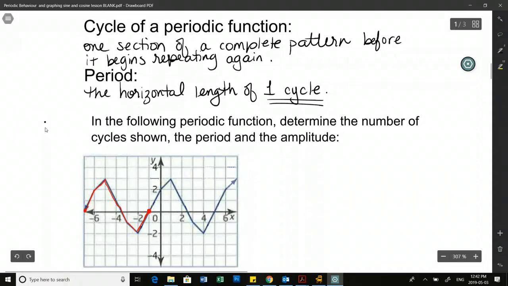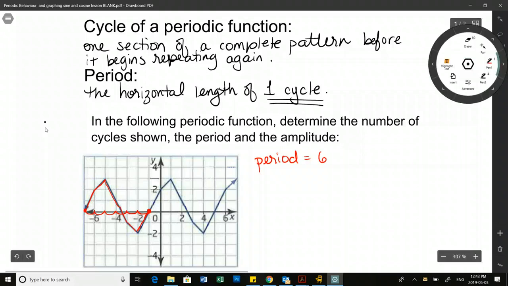Agreed? Okay. So if I want to find the length of this cycle, I'm just going to count from the start to the finish how many units there are. So I'm counting 1, 2, 3, 4, 5, 6. 6 units. So that means that the period of this function equals 6.